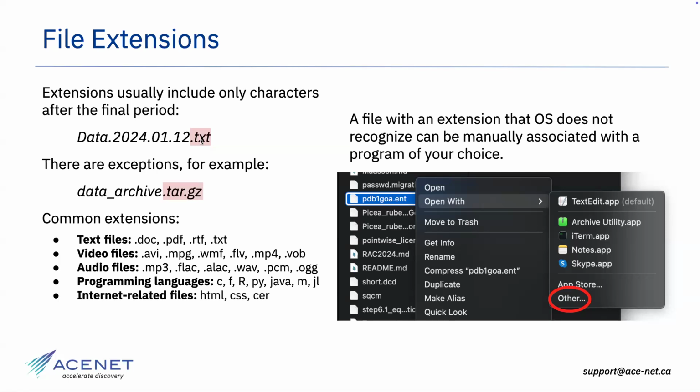A file name can include multiple periods. In most cases, the extension includes only the characters after the final period, but there are exceptions, such as .tar.gz, for example.